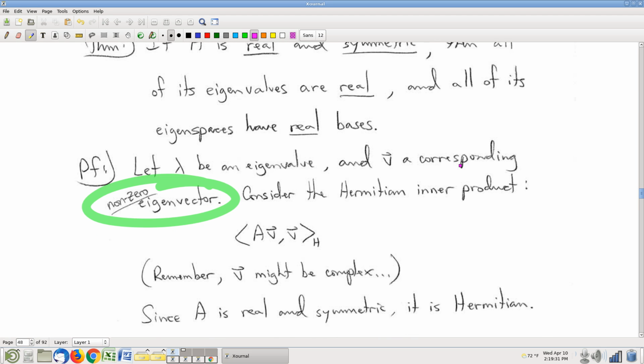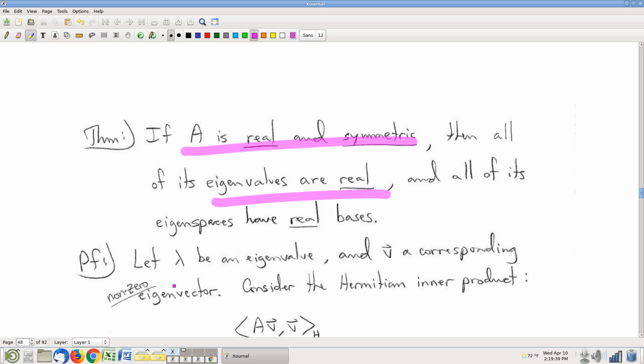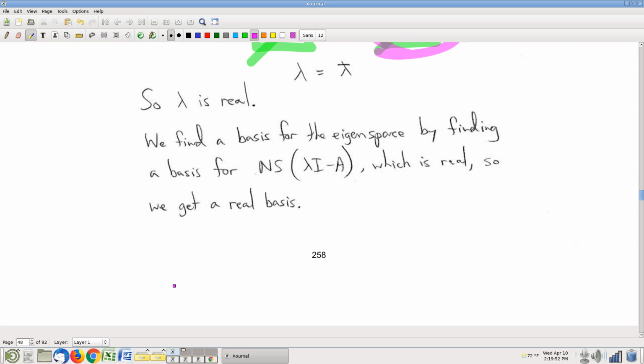Okay. So here's what we've got then. Real symmetric matrices: we just showed the eigenvalues are real. Now, loosely speaking, I'm going to say the eigenvectors are real. This is really an easy argument. If you have a real matrix and a real eigenvalue, what is A minus lambda I? It's also real.